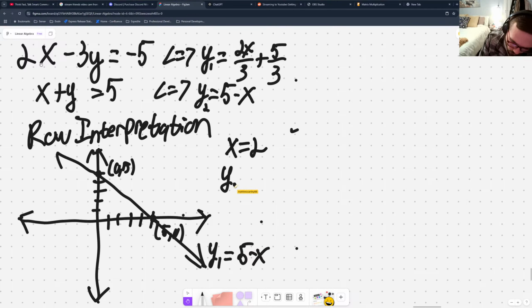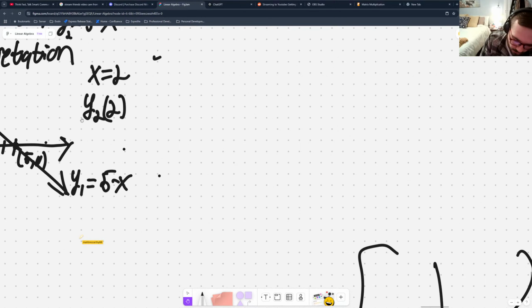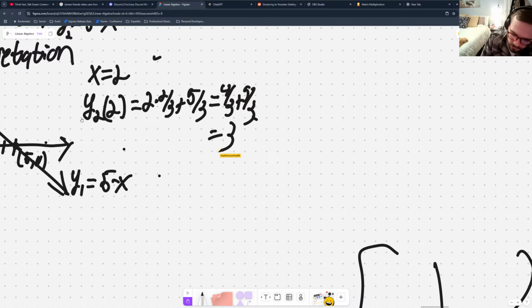And then y2, where x is 2, just to pick 2 points that work well, would be 2 times 2 over 3 plus 5 over 3 equals 4 over 3 plus 5 over 3 equals 3. So we have a point 2, 3 on this line.